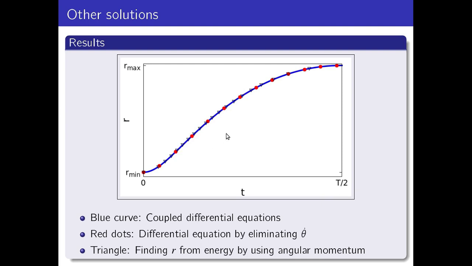Here the triangles are not evenly spaced since the integration is carried out with respect to r. As is clearly seen, all three results are consistent, and from the studied conic sections we know that the first and fourth methods are consistent, which means that all four methods are consistent. For the shown case, the initial values or parameters are the same as in the previously considered elliptic case.